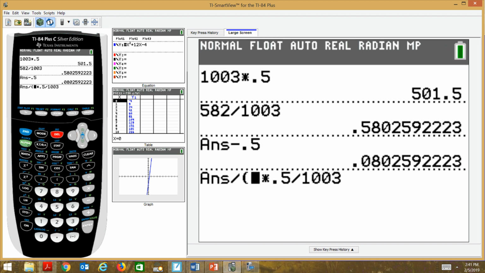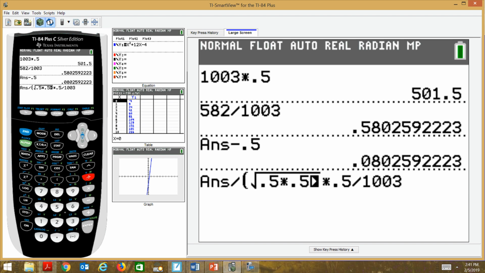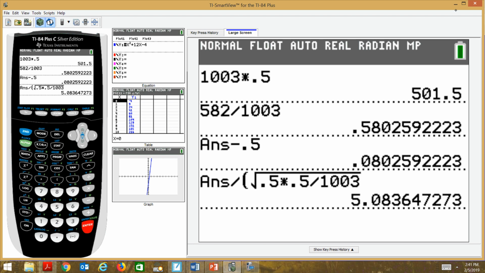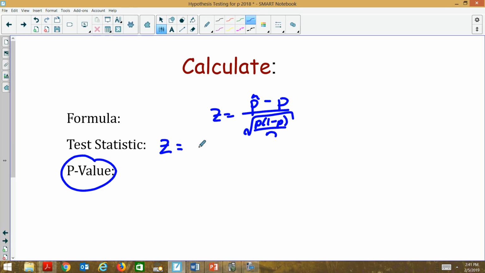Don't forget the square root as I just did. There we go. So our test statistic Z is equal to 5.08. So you have to write down the formula as well, write down what Z would equal, which is 5.08.